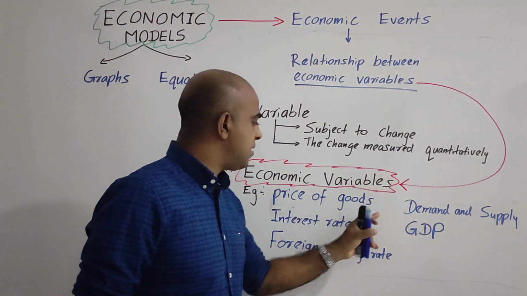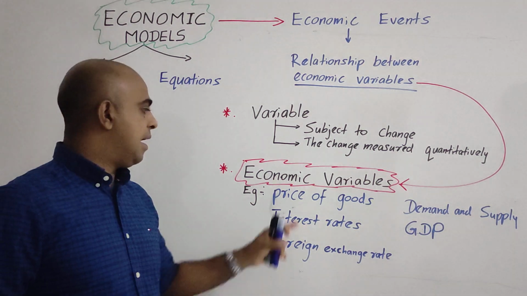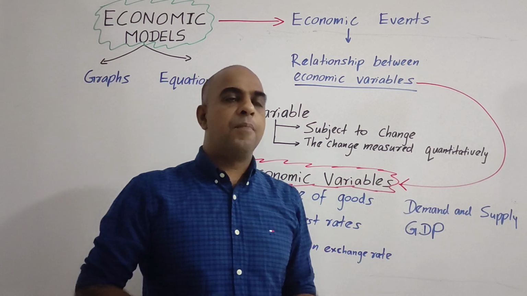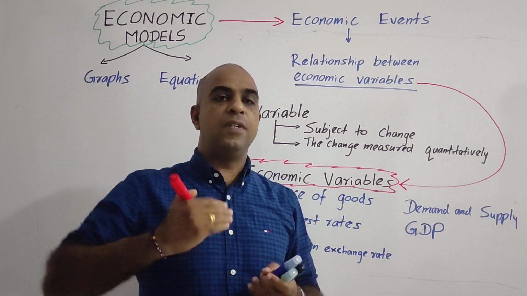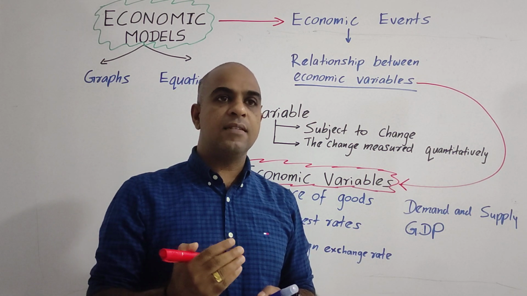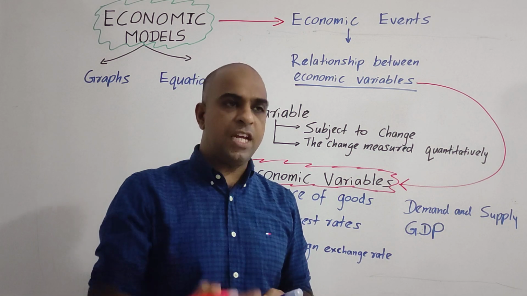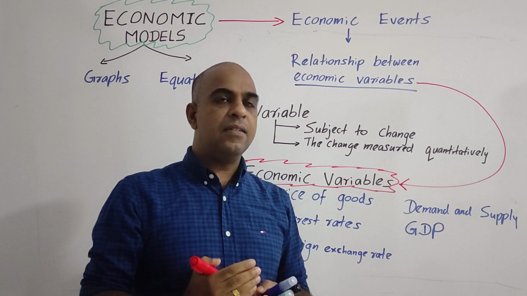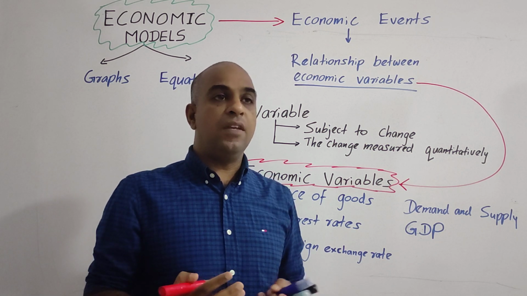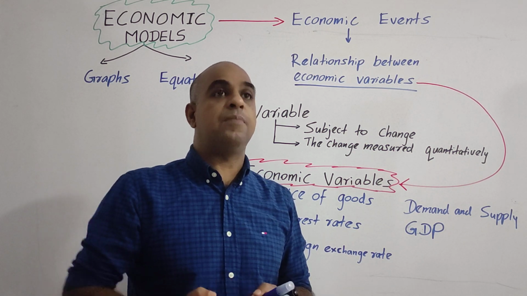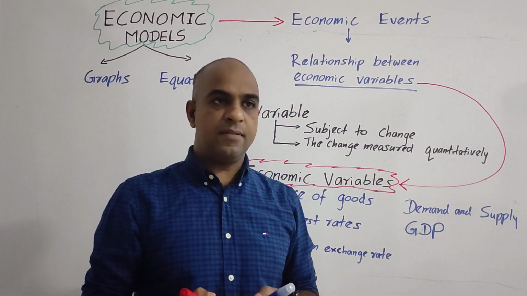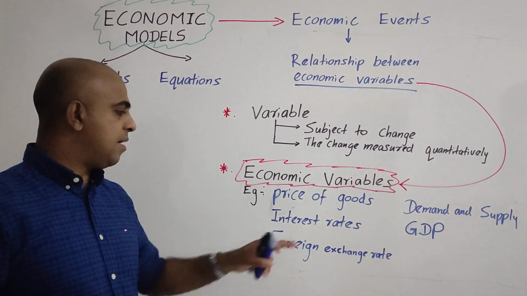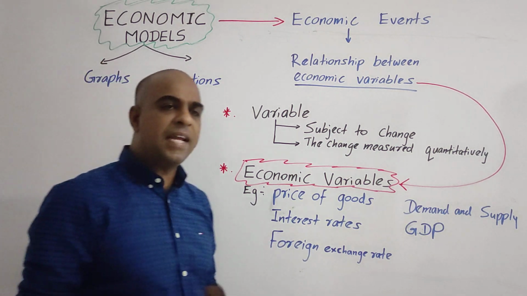Here you are given some examples. Price of goods: price of coconut, price of dal, price of rice. Yes, it is subject to change, and that change also can be measured, right? So accordingly we can conclude whether the price has increased or decreased. The next example is interest rate.